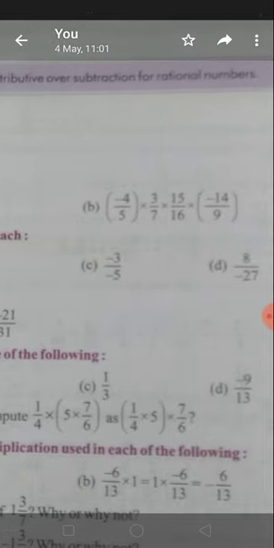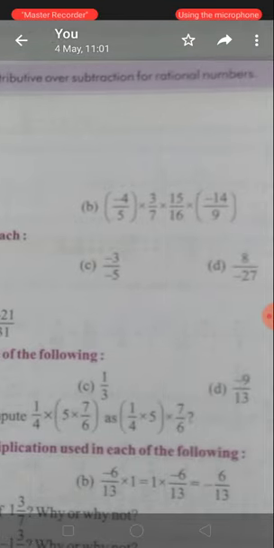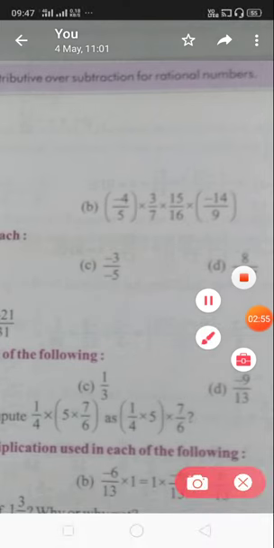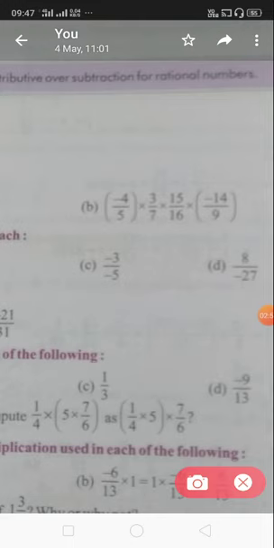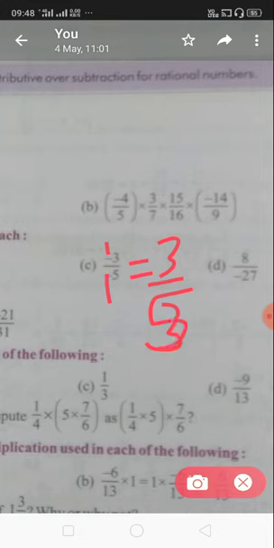Now here you see minus 3 upon minus 5. If you are going to write its additive inverse, first you see that numerator and denominator both have the minus sign, so this minus cancels, so what is left? 3 upon 5.